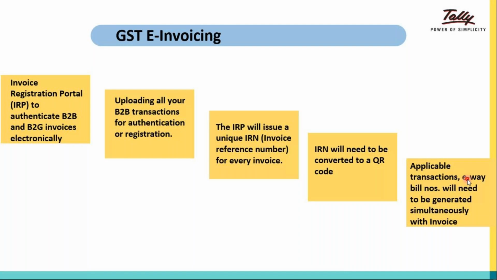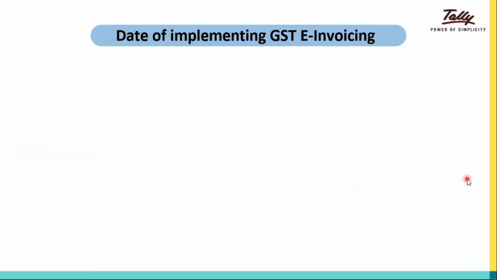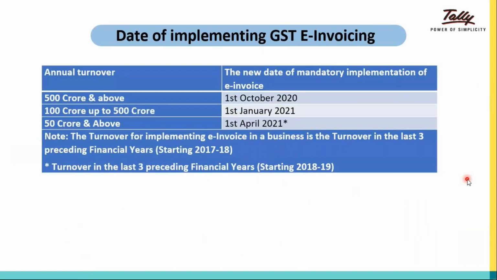It is very important: if your annual turnover is more than 5 crores, your GST e-invoice is mandatory. So remember this. According to the new tax regime, it is 5 crores. This will change, so all of you be updated with the latest ones. Recently it is 5 crores, the limit.